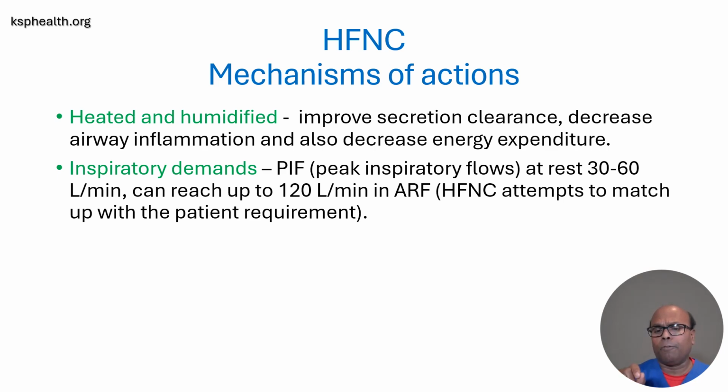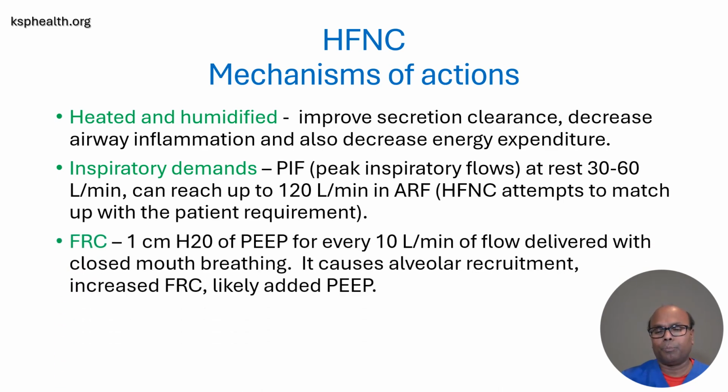The peak inspiratory flow at rest in adults is 30 to 60 liters per minute. It can reach up to 120 liters per minute in patients with acute respiratory failure. The high flow nasal cannula matches up with the patient requirement. Thus, it reduces the work of breathing.